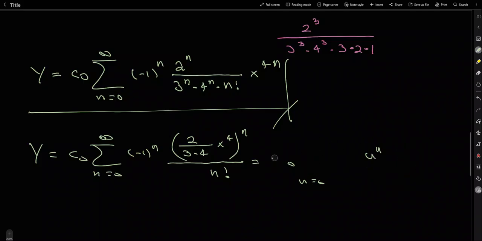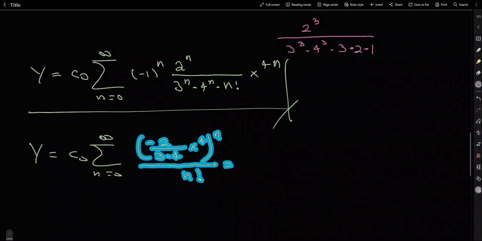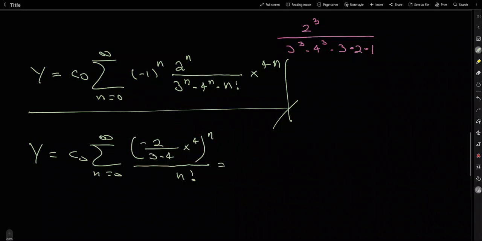So let me go back a couple steps and write this with the negative as well. Okay, it's much better, so we don't have to deal with an alternating series.